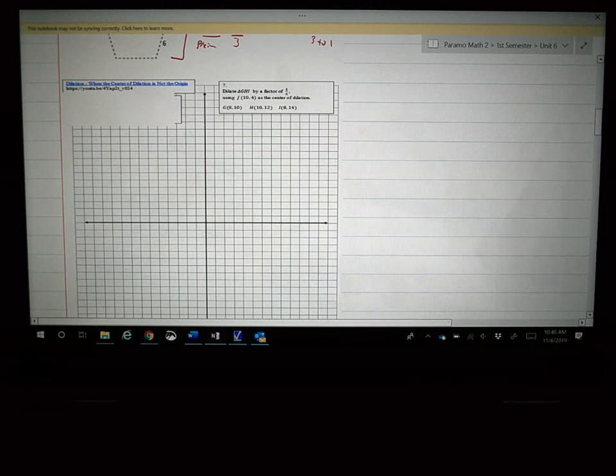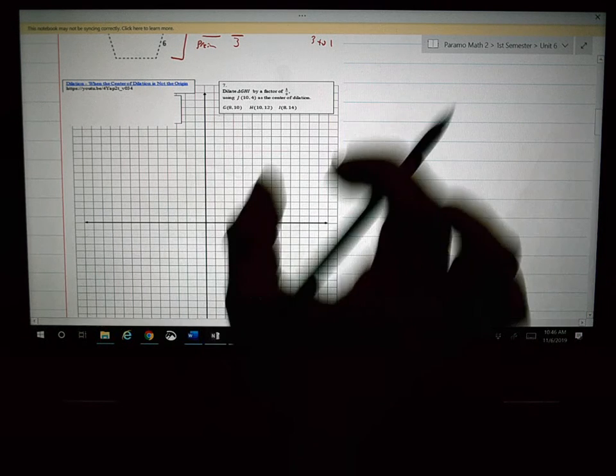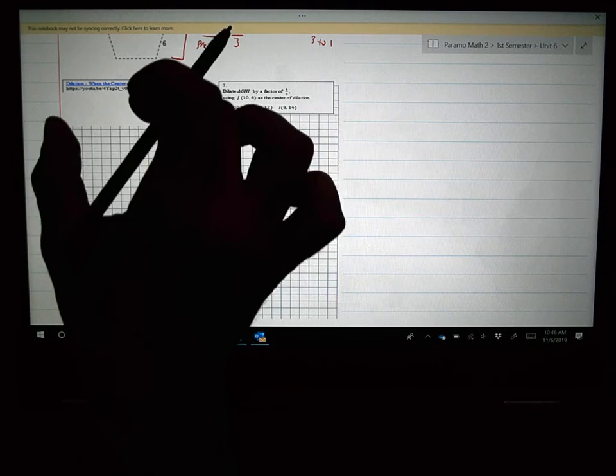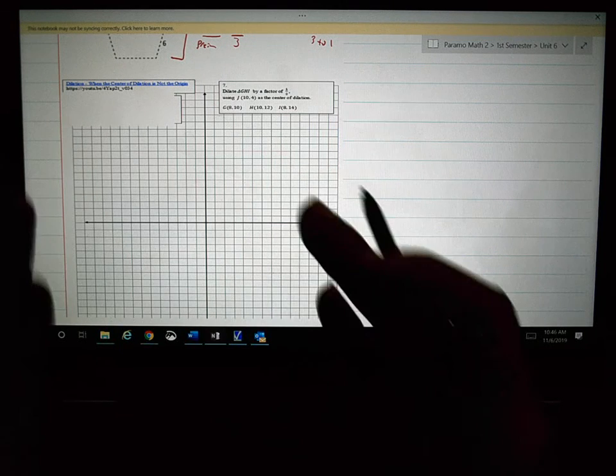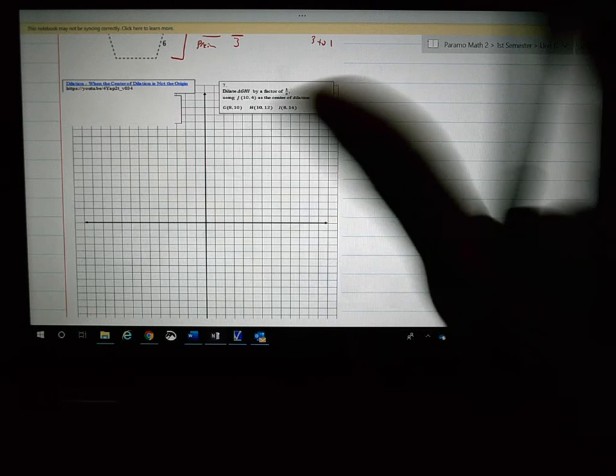When you get there, I'm going to do one example. It doesn't necessarily mean that number 7's question is going to be in the upper right-hand corner. It might be down here. This one might be over there. They do overlap a little bit. Not with each other, they're just in different quadrants.